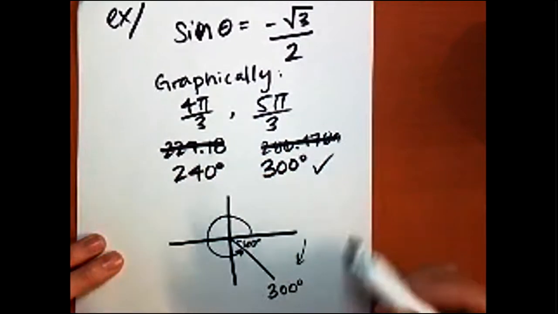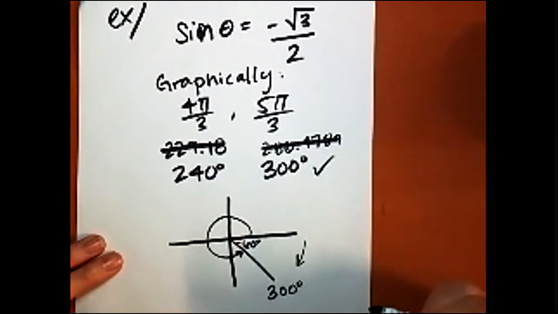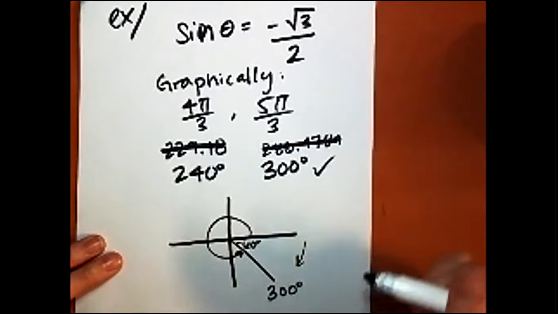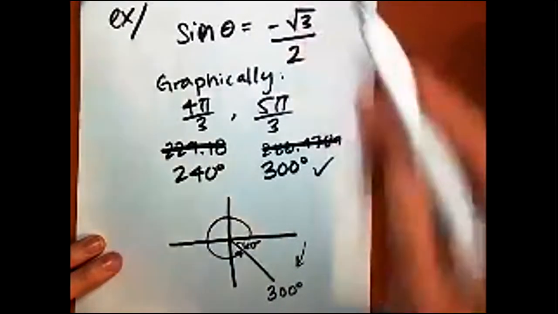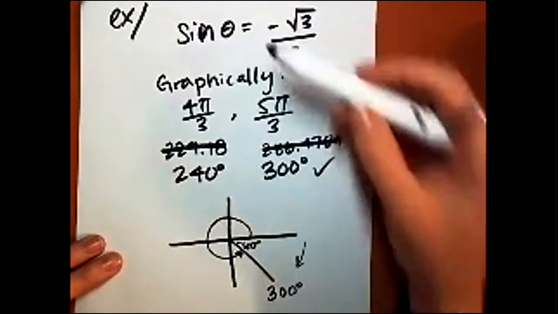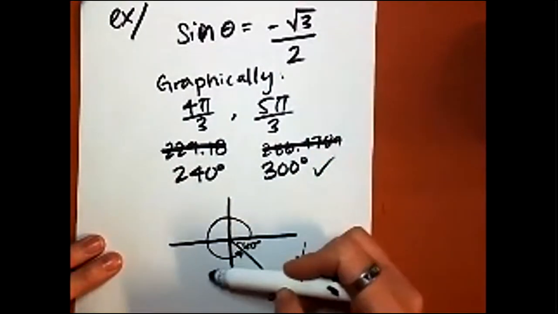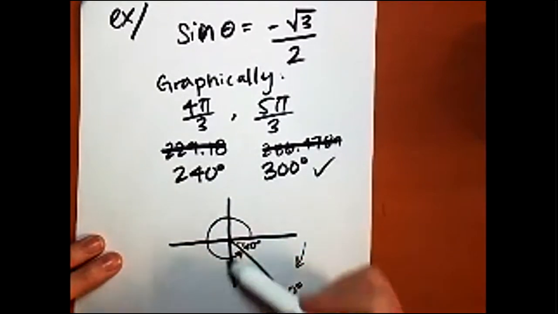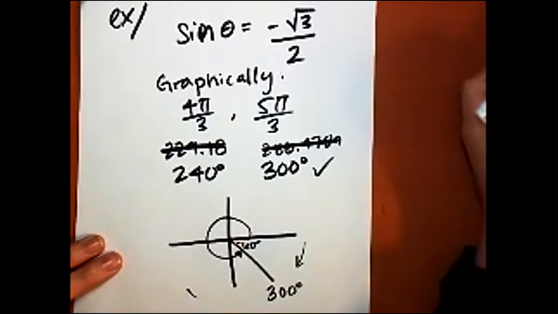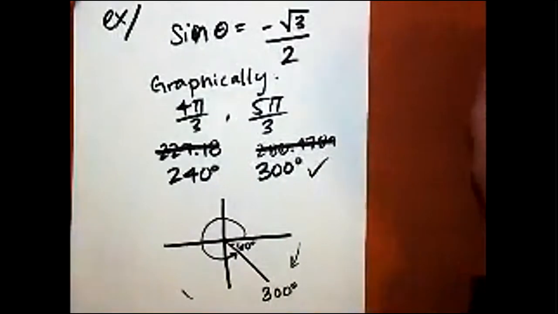But where did the other one come from? Well, we know sine is negative. This guy, sine is negative, where y values are negative, which are in the 4th and 3rd quadrant. So we know we need to have another answer somewhere here in that 3rd quadrant.